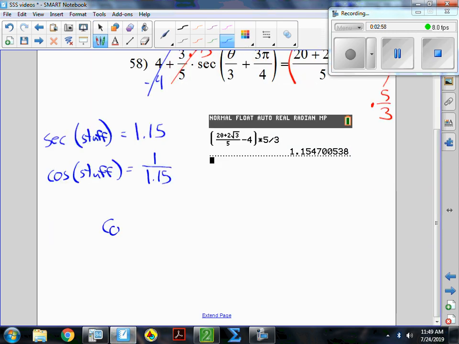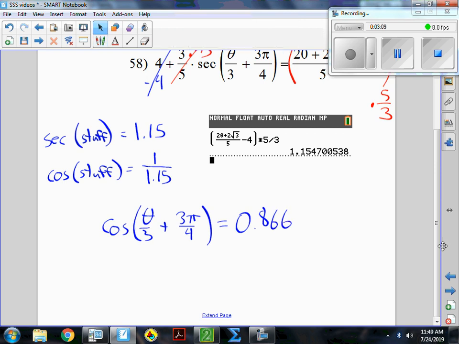So now I have cosine of theta over 3 plus 3 pi over 4 is equal to 0.866. And that looks like one of my exact values. If I take the inverse cosine of both sides, we can figure out what we're working with.